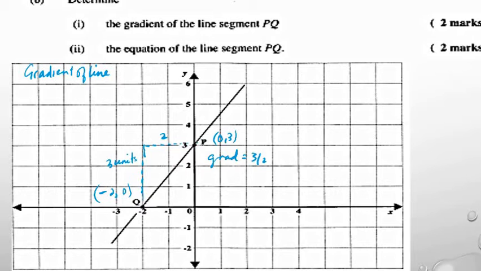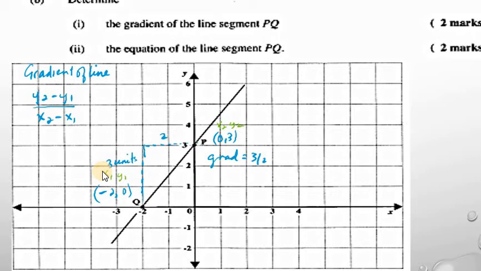Now by calculation, the gradient of the line is given by y2 minus y1 over x2 minus x1, the change in the y over the change in the x. So let this be my x1, y1 here, and this will be my x2, y2.